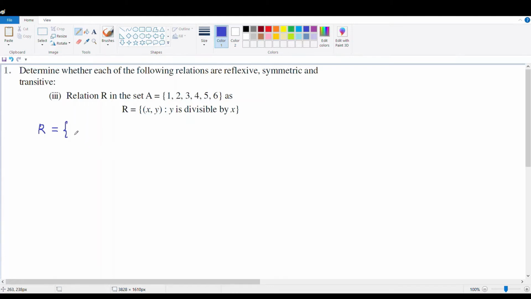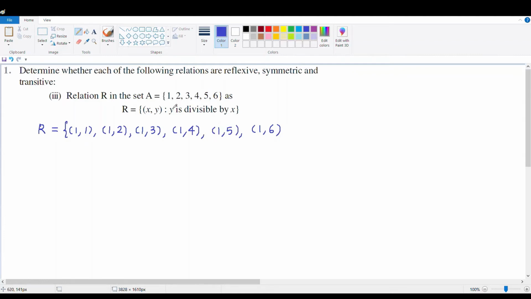So I can write 1 comma 1, 1 comma 2, 1 comma 3, 1 comma 4, 1 comma 5, 1 comma 6. Why? Because the condition was y is divisible by x. 1 is divisible by 1, 2 is divisible by 1, 3 is divisible by 1, 4 is divisible by 1, and so on. So we can write down all these elements.